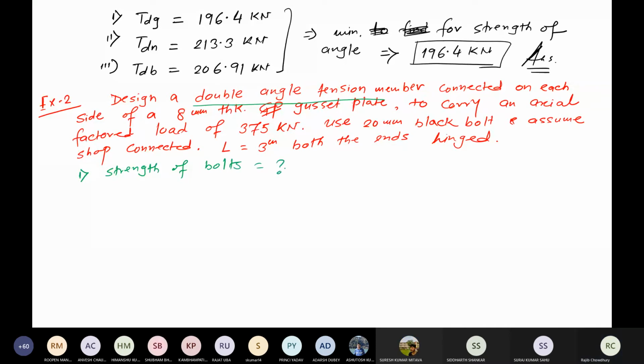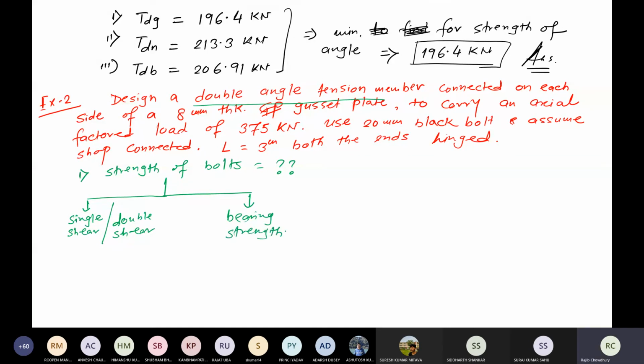How much? When we find the strength of the bolt, we have different components. Whether it is single shear or double shear. Then we need to find the bearing strength.